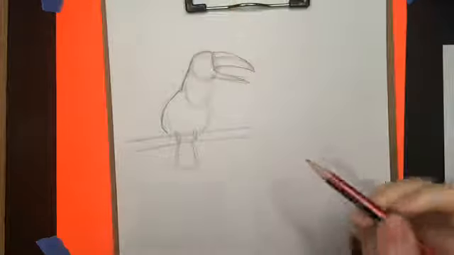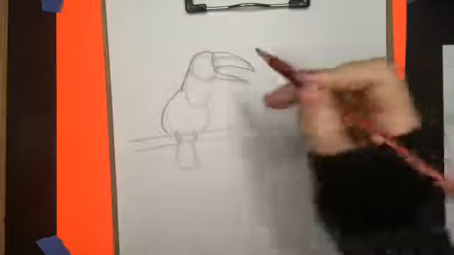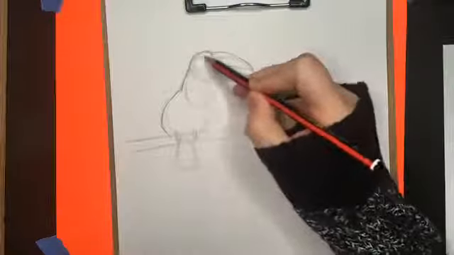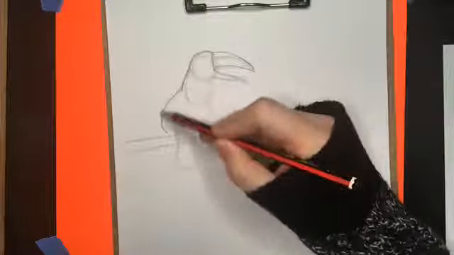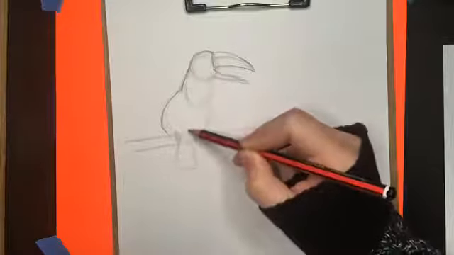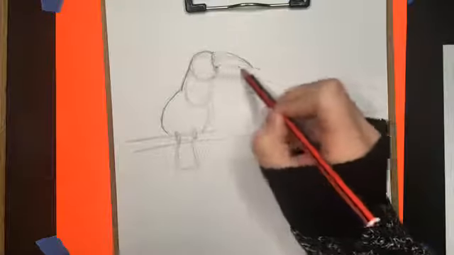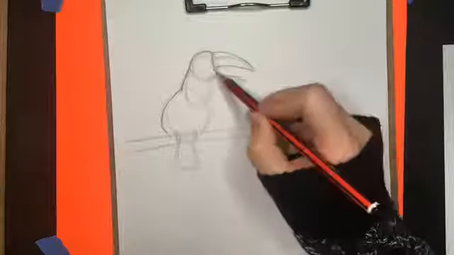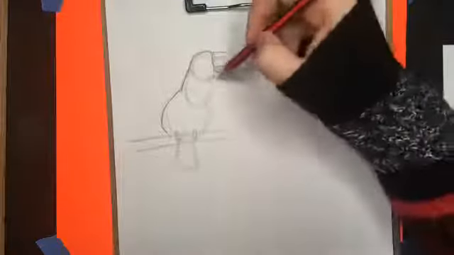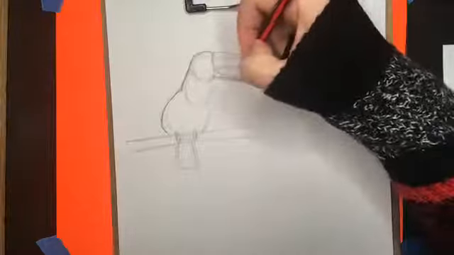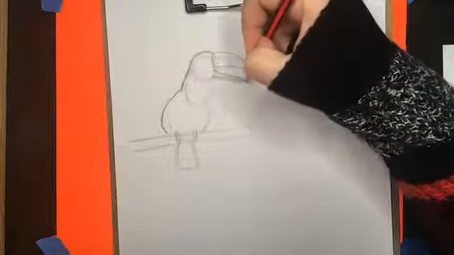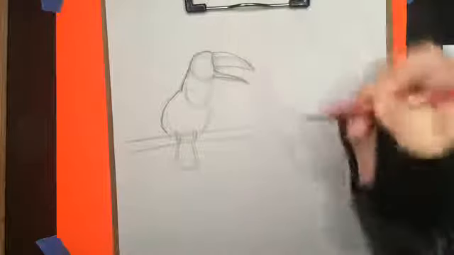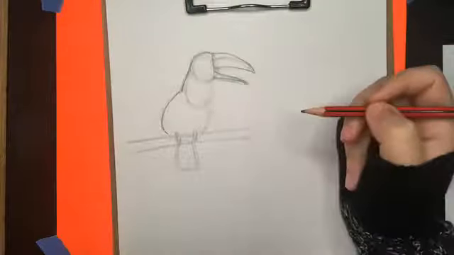So, we'll just review really quickly while you catch up here. We drew basic shapes for the head, the neck, and the body, and the tail. And the beak is kind of like a triangular shape with a bit of a curve. And the bottom of the beak is like a thinner triangle, it turns down, so you can make it bend or curve downwards.